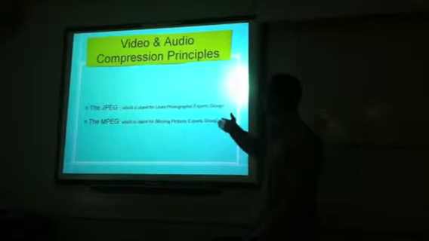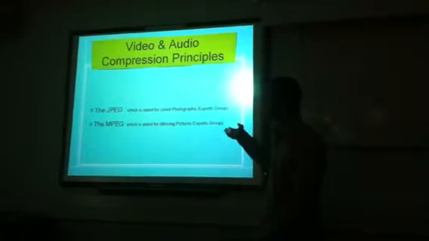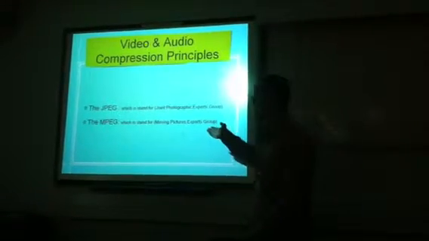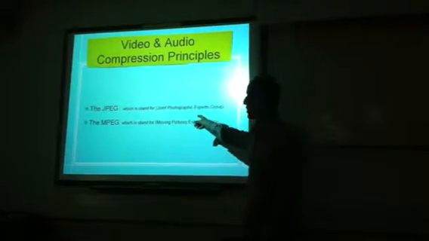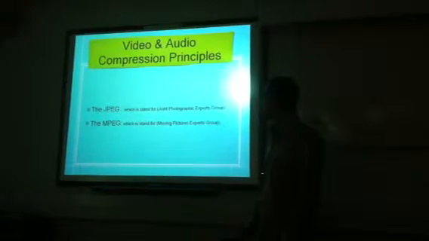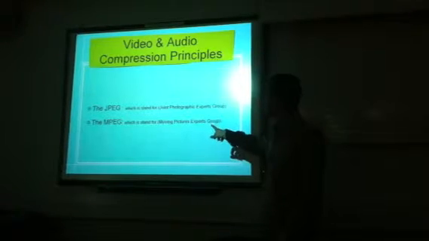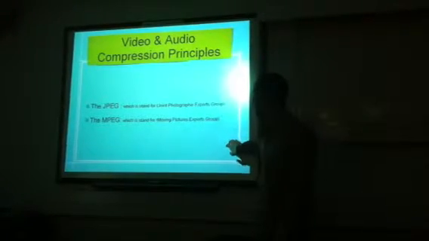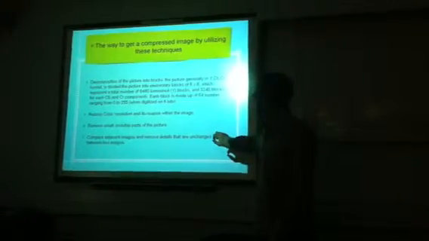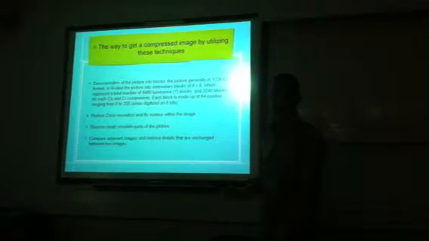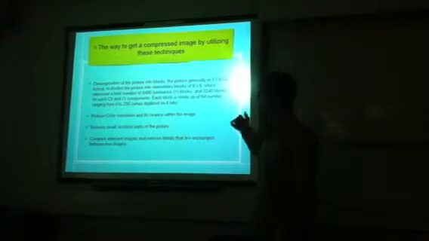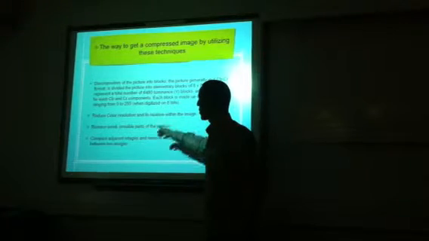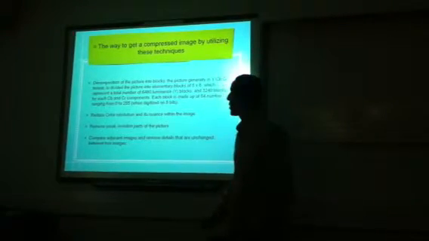These standards are associated with pictures: the JPEG, which stands for Joint Photographic Experts Group, and the MPEG, which stands for Moving Picture Experts Group. In order to get a compressed image using these standards, you could come across these techniques.